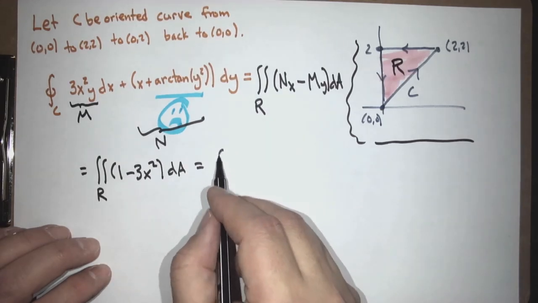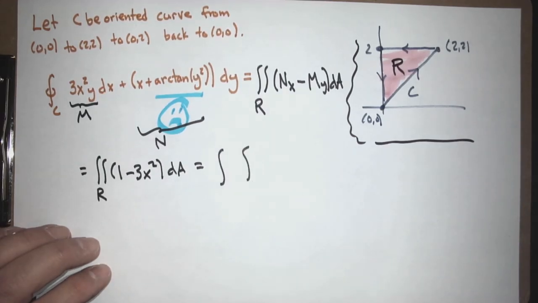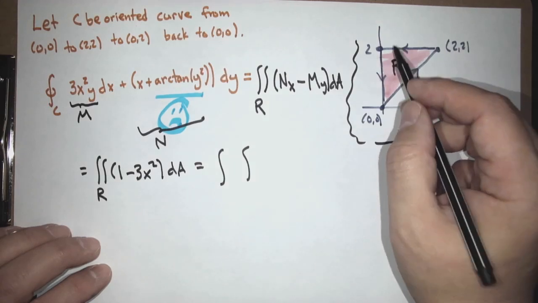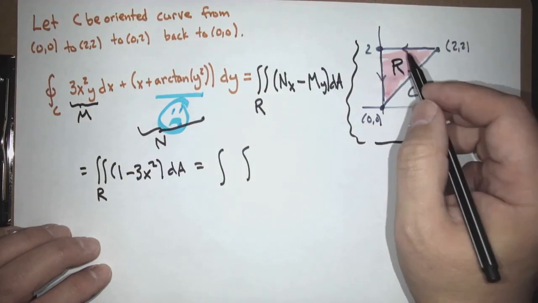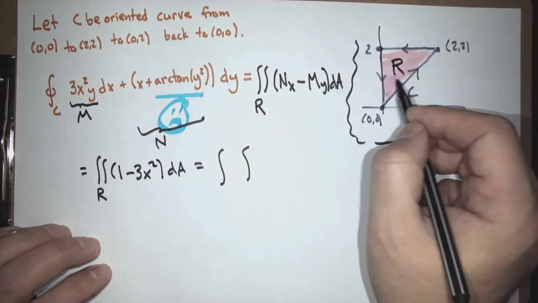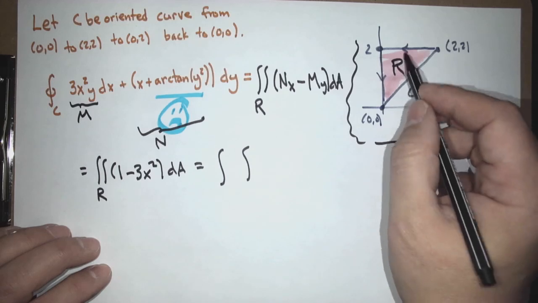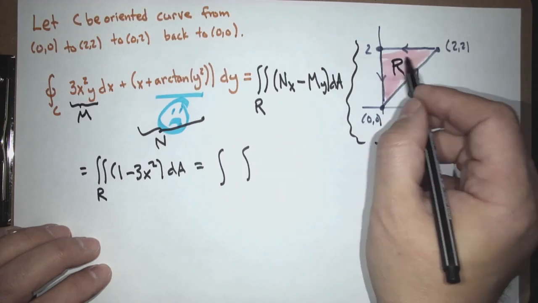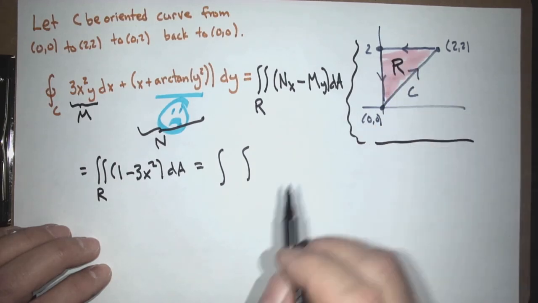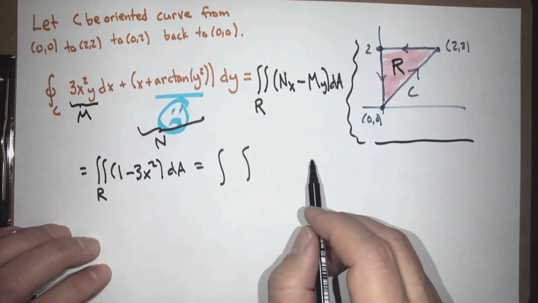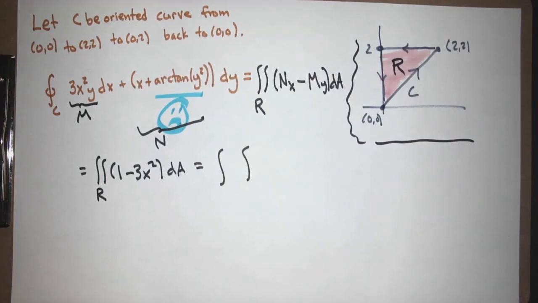So now we have to set up our integral. So the question, do you want to integrate where we slice vertically or horizontally? Vertically, that's your dy dx. Horizontally, that's your dx dy. And you'll get the same answer. So it's not like there's a wrong answer, but there is a preferred answer.